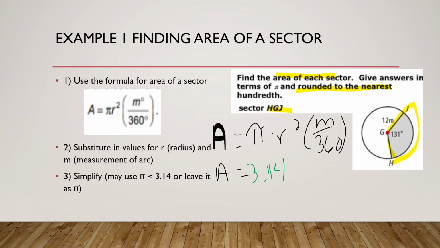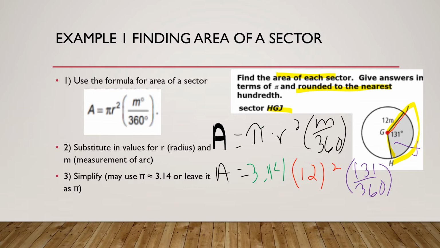We're then going to multiply that by my radius. So my radius is 12. And then we're going to multiply that by the measure of my arc. So remember, we learned last week that the measure of the arc matches the measure of that central angle. So this will be 131 divided by 360 degrees.